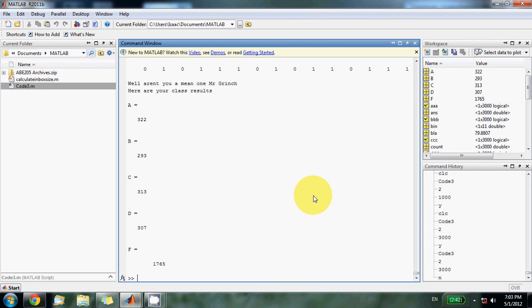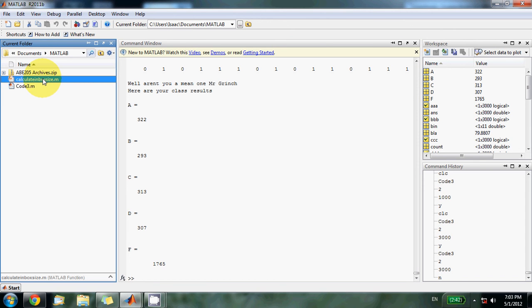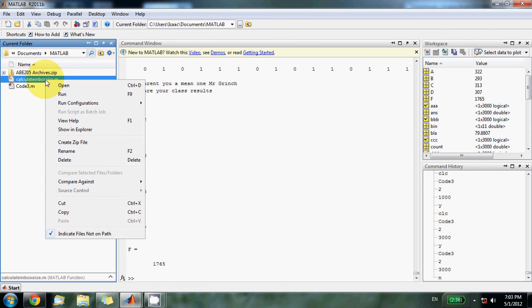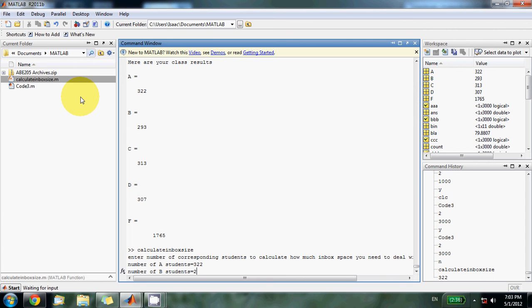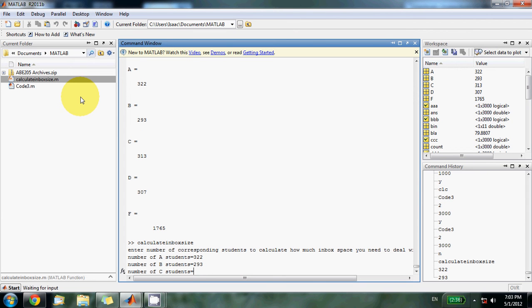Afterwards you can go to our user-defined function, which calculates the amount of gigabytes we're going to need to respond to all the complaining students. You just hit run, and then you can refer back to the previous answer. So you have 322 A students, 293 B students, 313 C students.